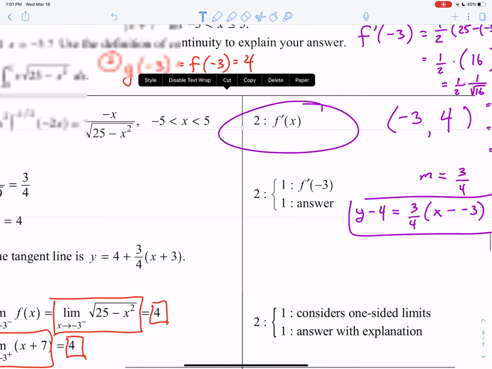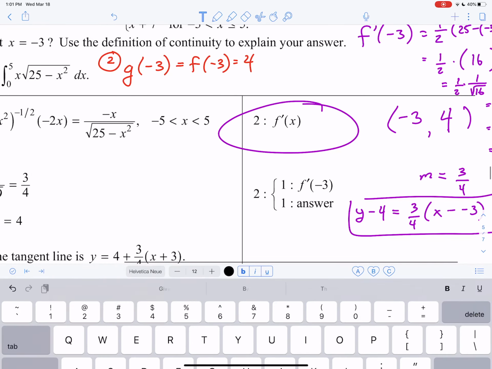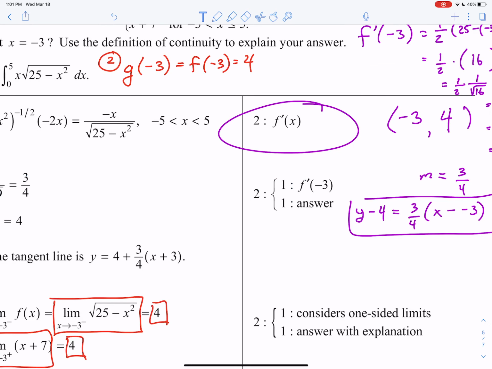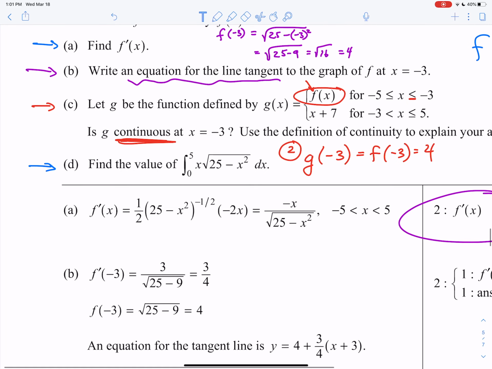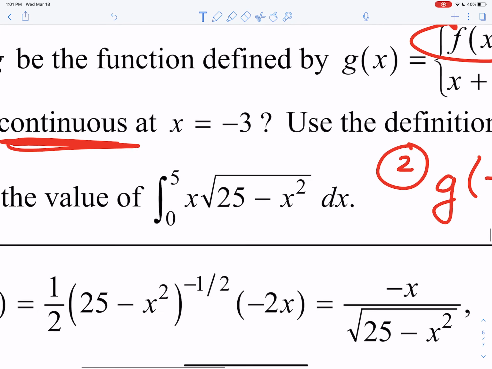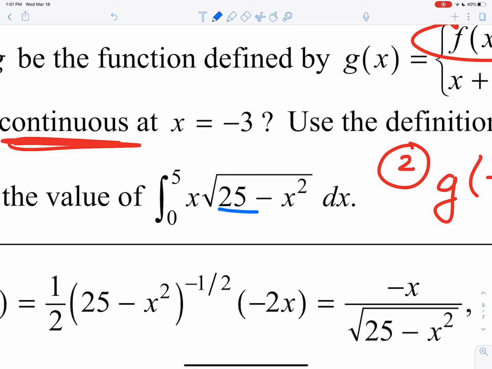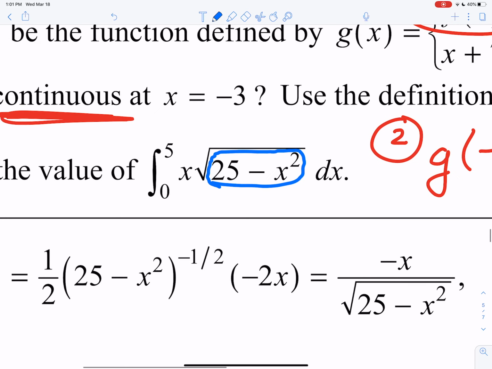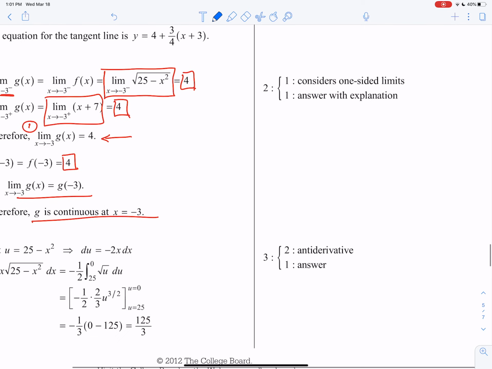Where am I? I lost myself. Okay. The 25 minus x squared is inside of your square root function. So what I'm going to do, let me go ahead and write that out here.